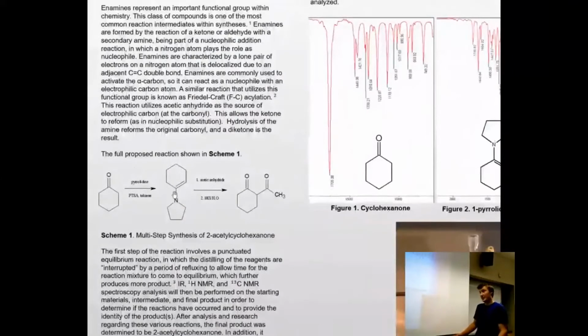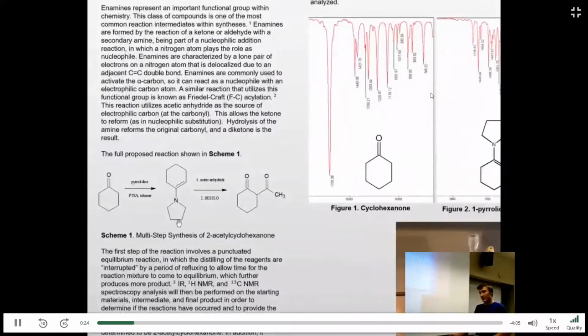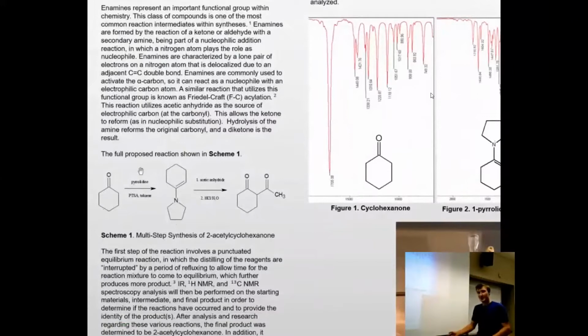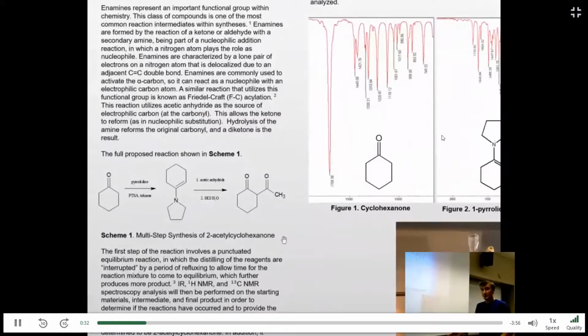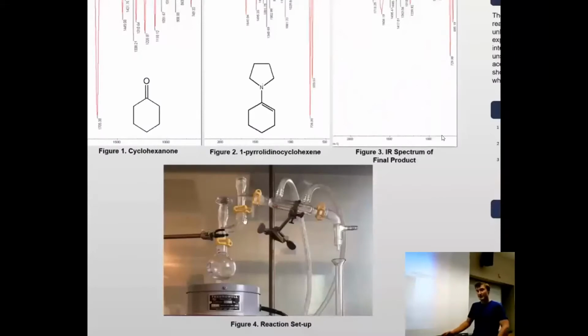And then going back, this reaction used an interesting glassware setup, which was simply a distillation apparatus, and through adjusting the temperature, you were able to reflux or distill a few different times.